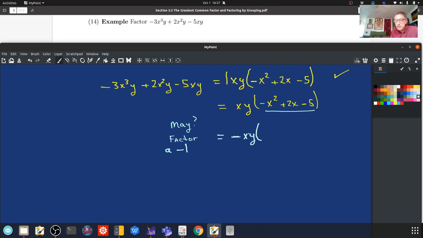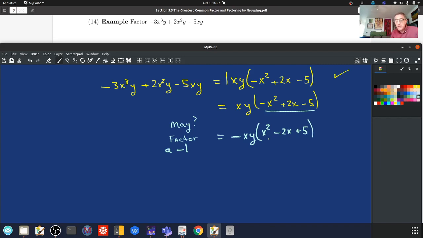Then all I have to do, really no work, is change the sign of each term: x squared minus 2x plus 5. Why would they care? Here I have 2 minus signs and 2 plus signs. Here I have 2 minus signs and 2 plus signs.